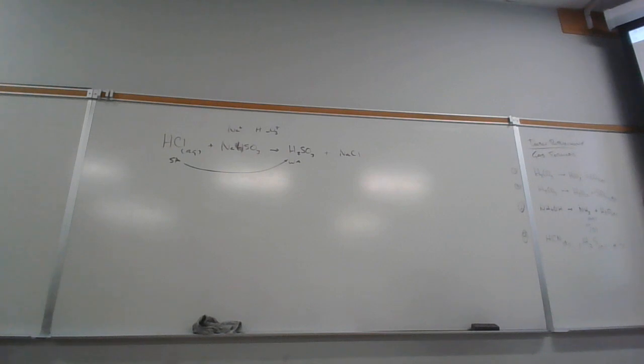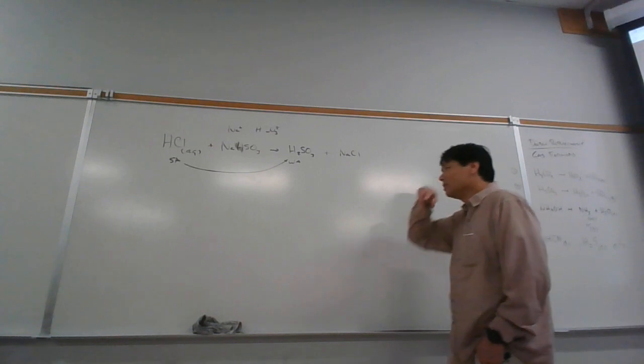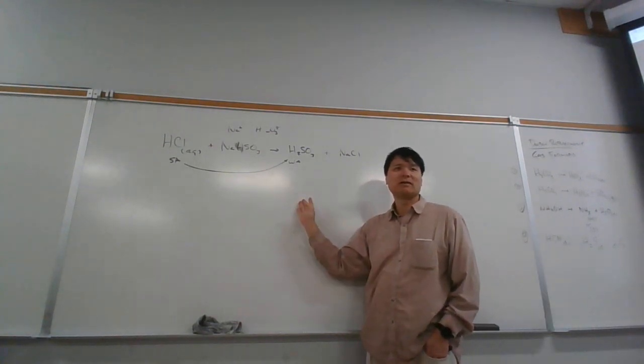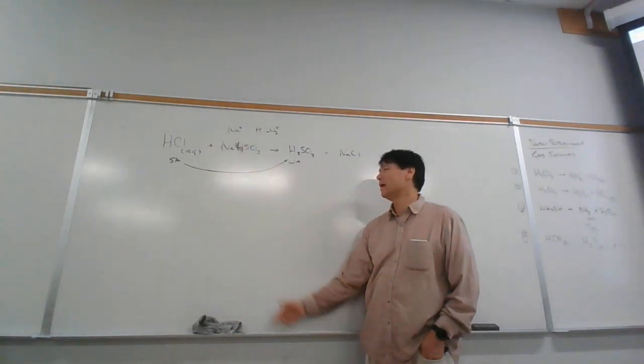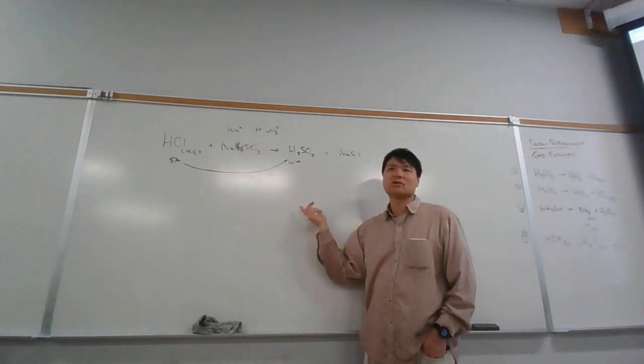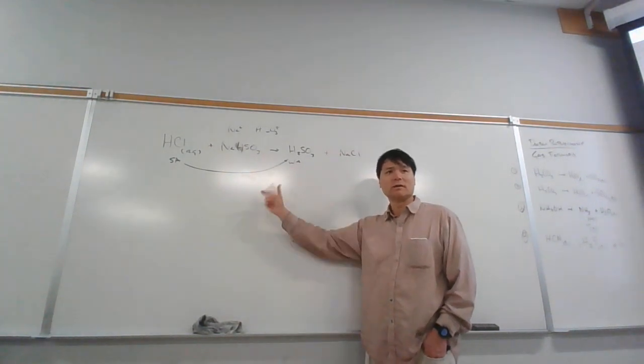I also noticed the book likes to change the order in the final net ionic equation. Usually they'll put the cation first and then the anion next. It doesn't matter, but maybe it's good because cations are usually written first, followed by the anion. So I probably should have changed the order myself.